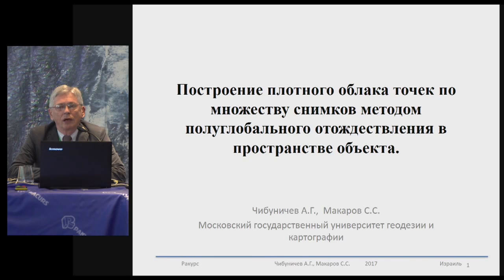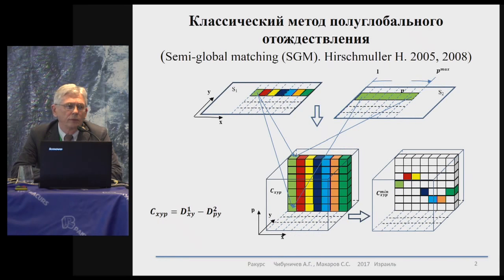I'd like to speak today to you about algorithms of building such dense point clouds, and first of all about the famous semi-global matching that was offered as early as by Hirschmüller in 2005. On this slide you can see the so-called basic idea of creating a dense point cloud, which is about the following.